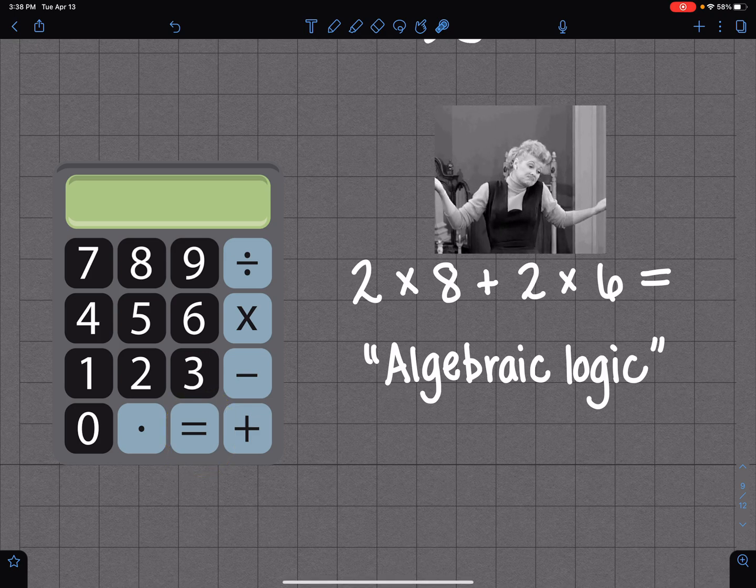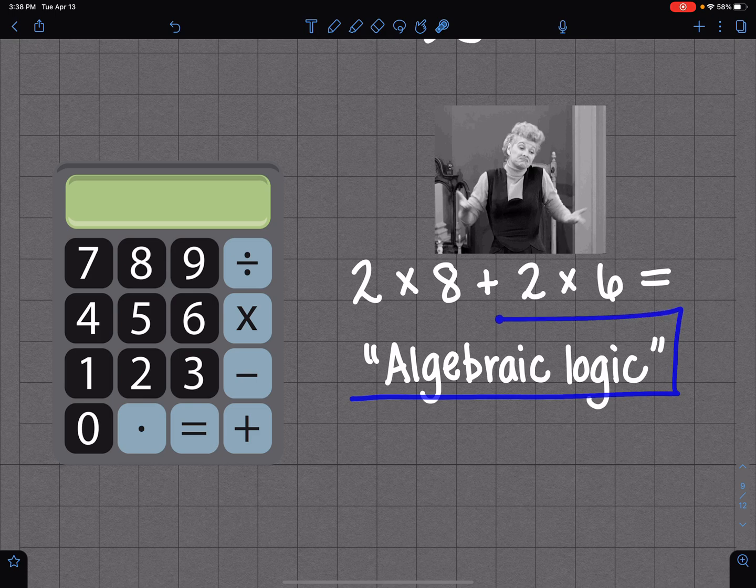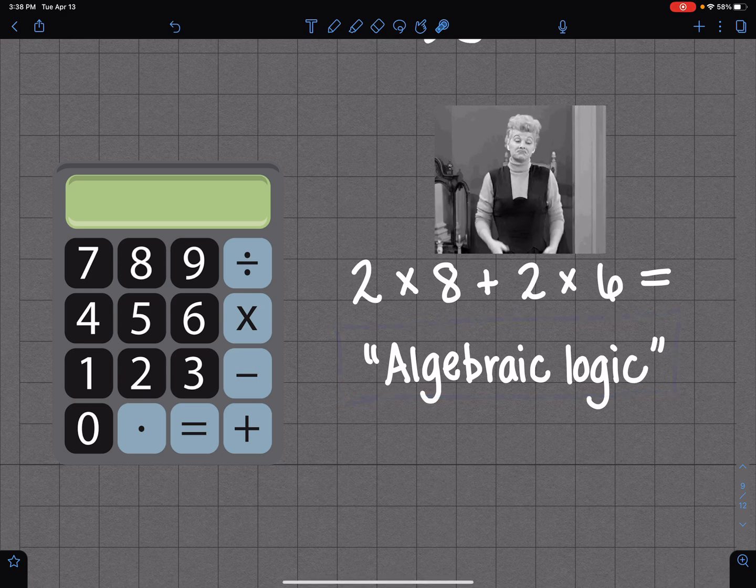If it gives you the number 28 for your answer, then you know that this calculator is doing the order of operations, and that's called algebraic logic. So I want you to tell me if the calculator gives you algebraic logic or if it doesn't. Okay? Cool. I'm excited to find out what you get there.